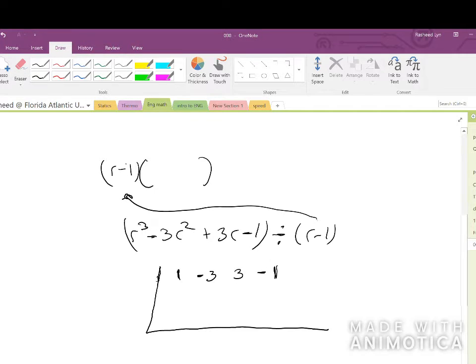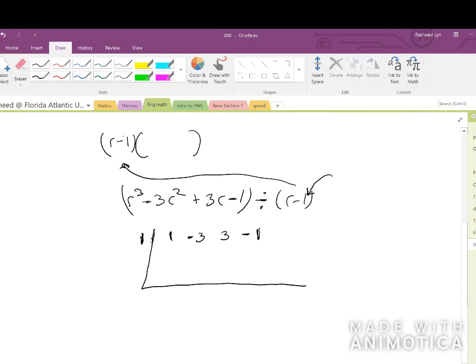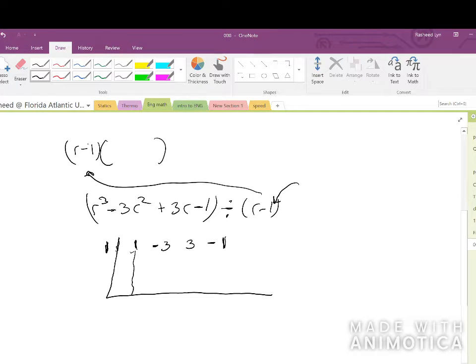And for this one, you will have 1 right here, because r equals 1, so you're using just a 1 right here. So what you want to do now is bring this 1 down. You have 1. You want to multiply this 1 and 1 and bring it back up here. 1 times 1 is 1. Then you want to add these together, and that would be negative 2.